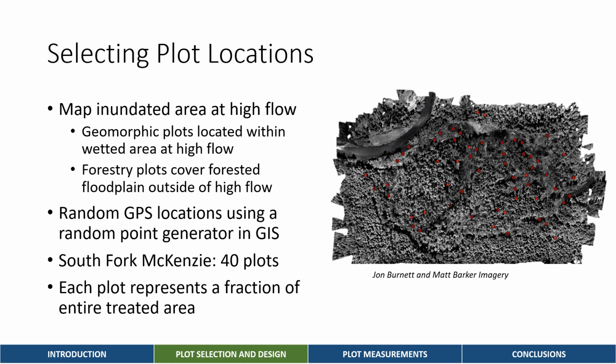And so the plots were randomly distributed throughout the inundated area. And at South Fork McKenzie, we had a total of 40 field plots. And each one of these field plots would represent a 40th of the total area that phase 1 of the project, which we measured, took up.